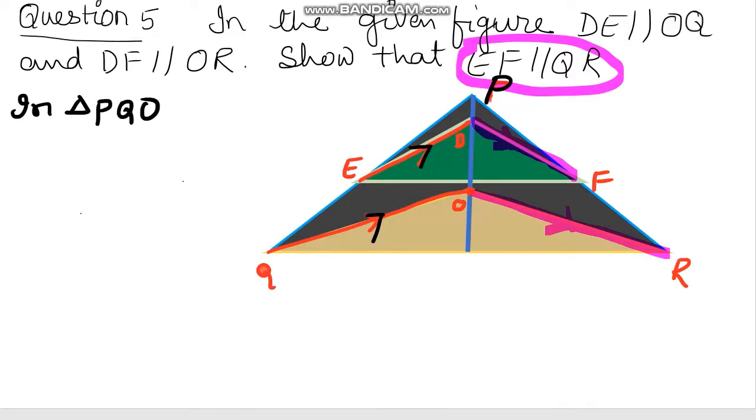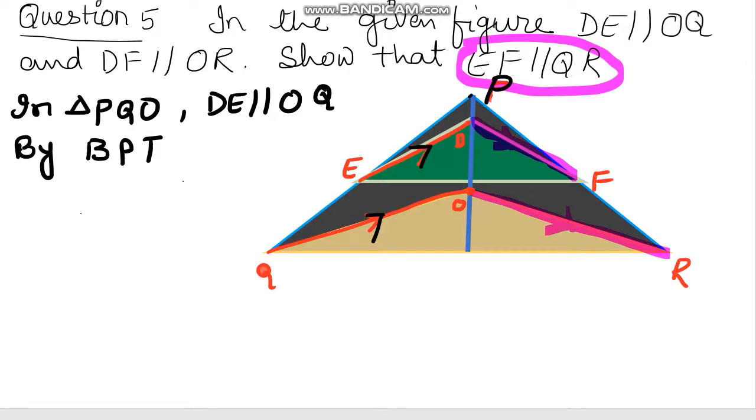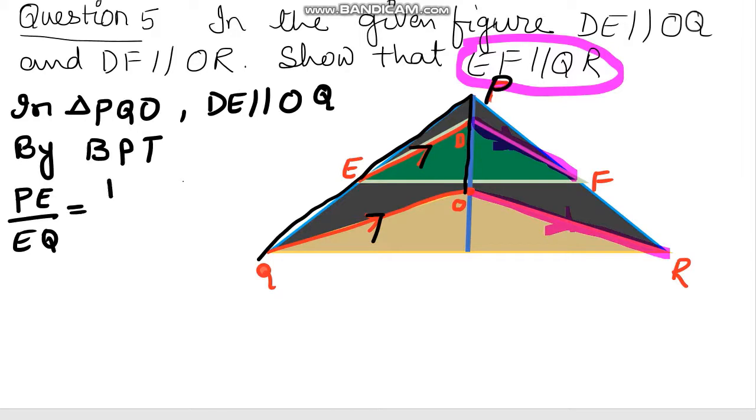It is given that DE is parallel to OQ. So by Thales theorem or by BPT, basic proportionality theorem, you can say that PE by EQ will be equal to PD by DO, isn't it? So you will get PE by EQ equal to PD by DO. Okay. Now let us take this as 1.